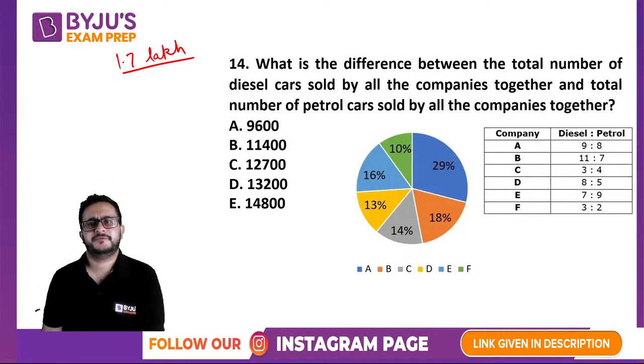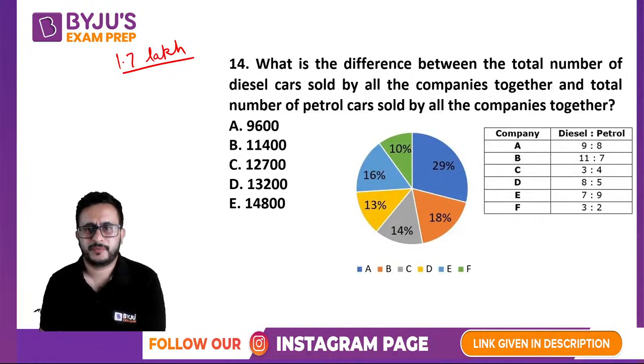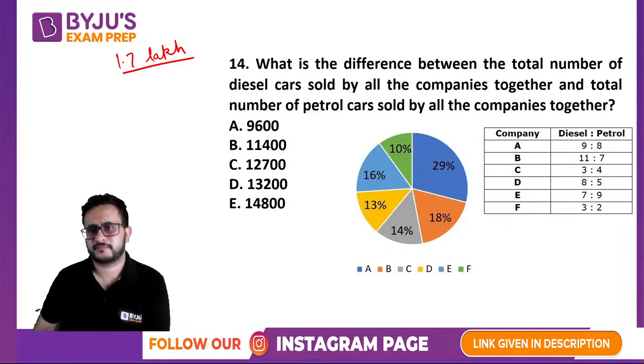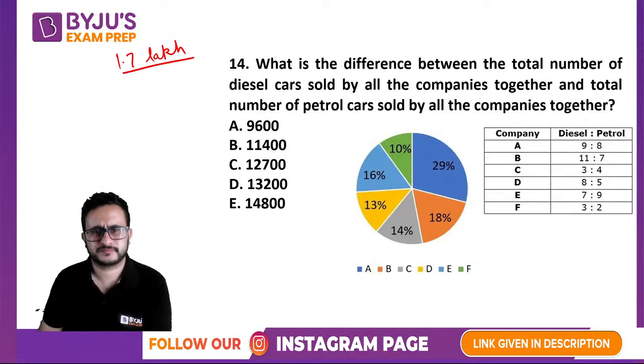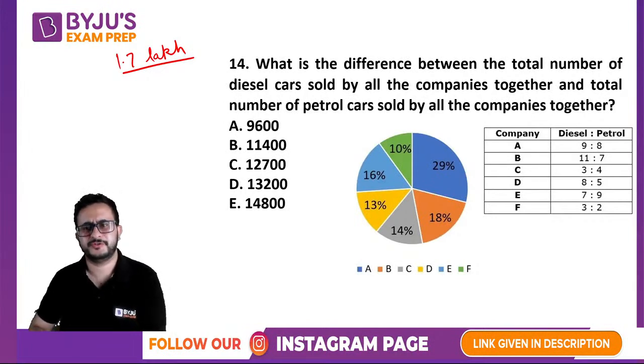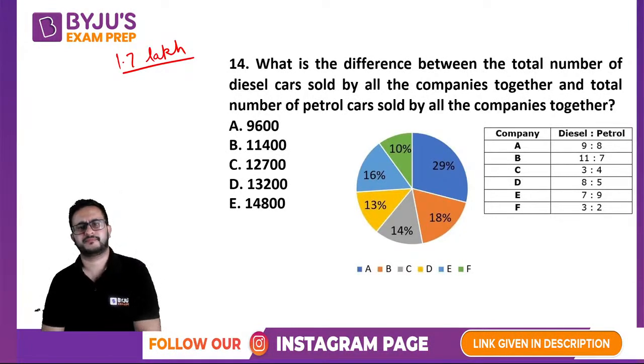What is the difference between the total number of diesel cars sold by all the companies together and the total number of petrol cars sold by the companies together? A difficult one to do. Yeah, it's a calculation intensive question.